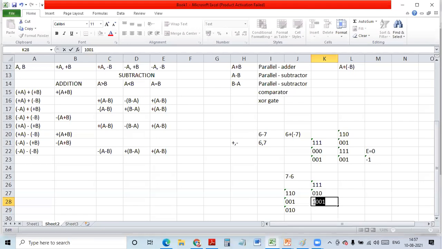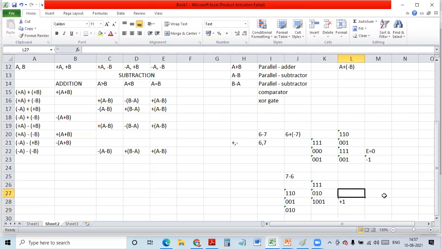This one is the extra carry, right? So while doing 2's complement addition, if you get an extra carry, it means the result is positive, and that extra carry we will neglect. So your result is now plus 1, isn't it?